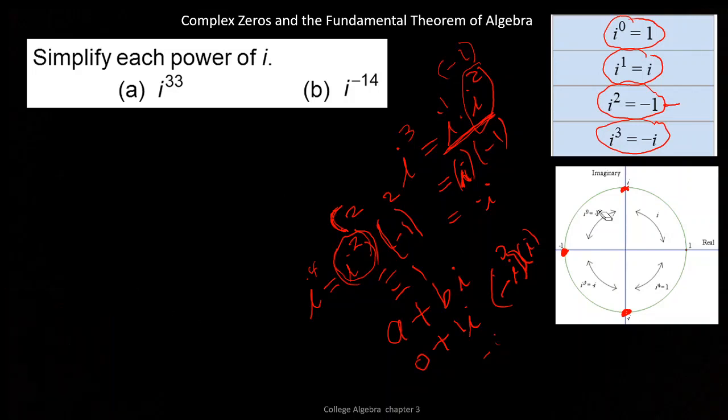My pen is not working properly. Let me fix that. So if I start with -i and multiply it by i, I get -i squared.